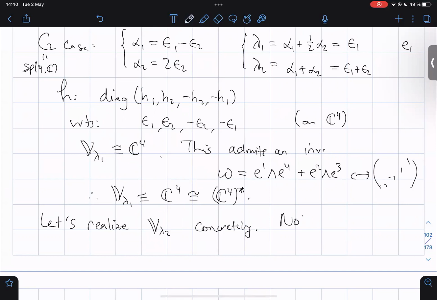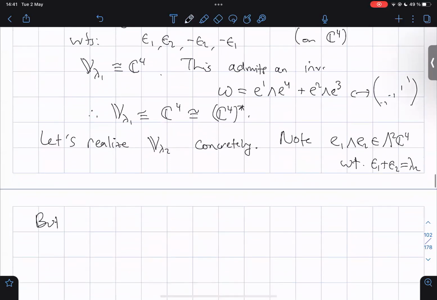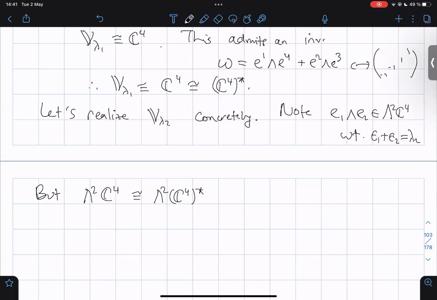And note that the highest weight vector is going to be E1 wedge E2. And this is weight epsilon 1 plus epsilon 2, which is our desired highest weight, lambda 2. But wedge 2 C4 is isomorphic to wedge 2 C4 dual, and that contains this invariant element, omega. So therefore, this is not irreducible.